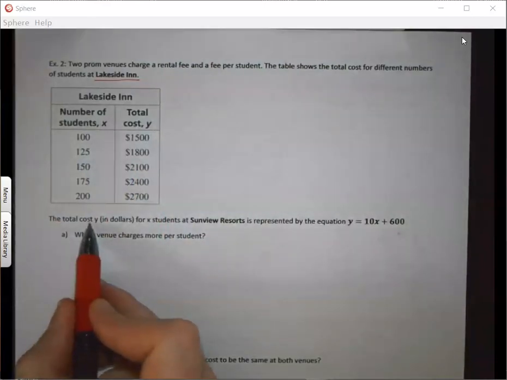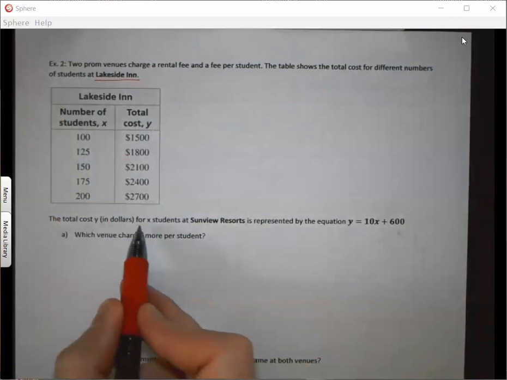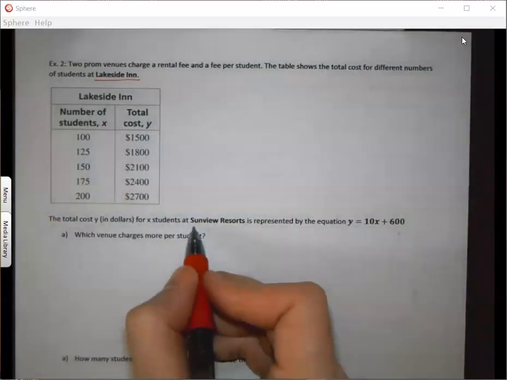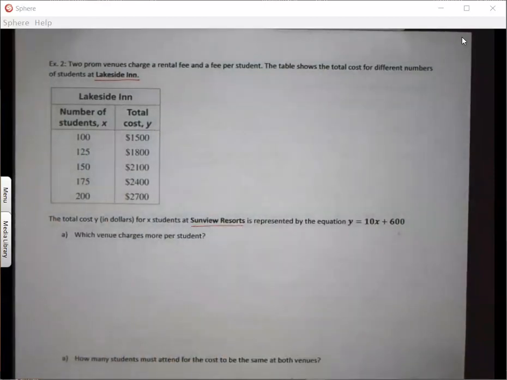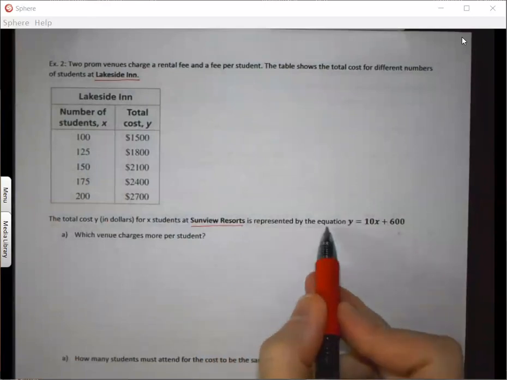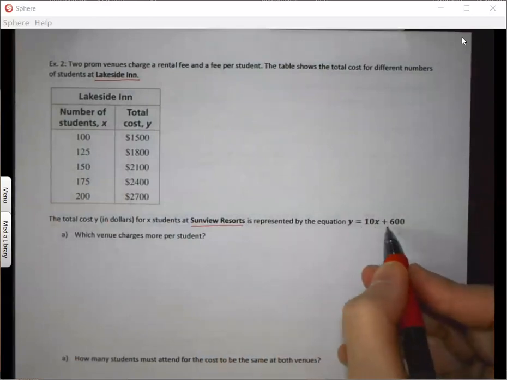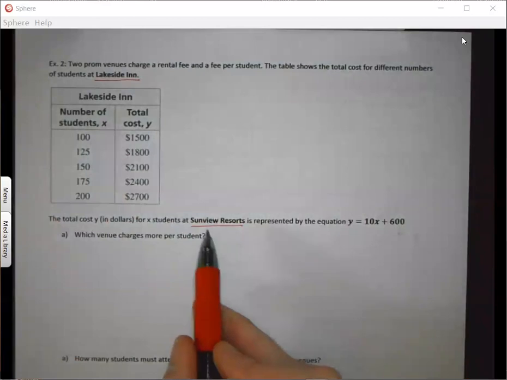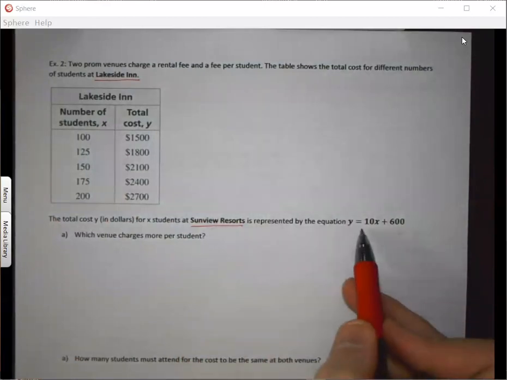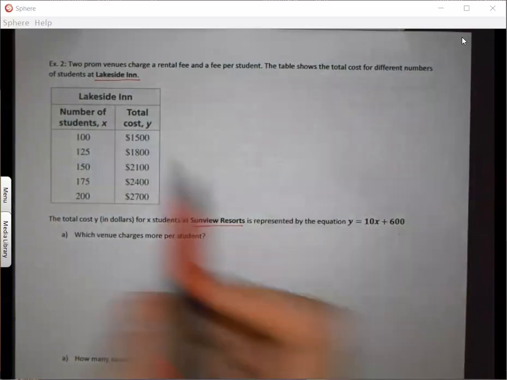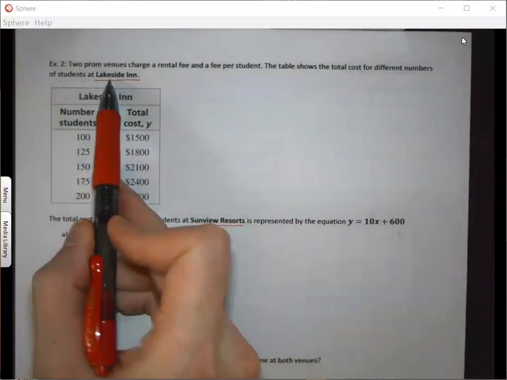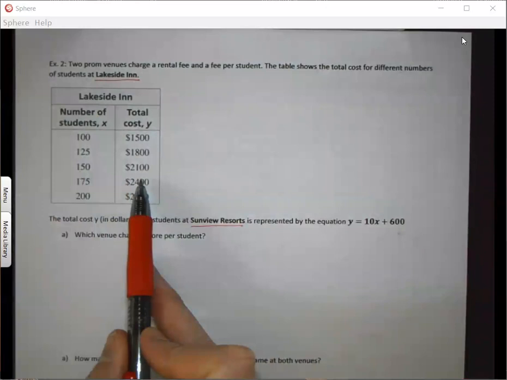The total cost, Y, in dollars, for X students at Sunview Resorts is represented by the equation Y equals 10X plus 600. So for Sunview, the relationship between students and costs is given by this equation. For Lakeside, the relationship is given in values.